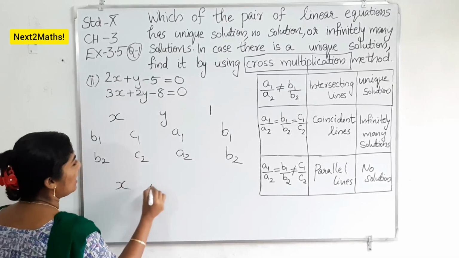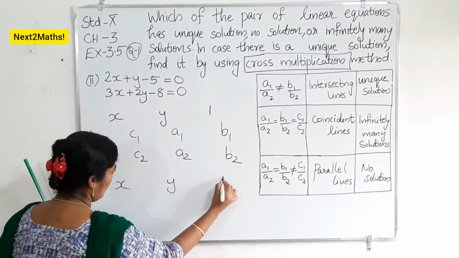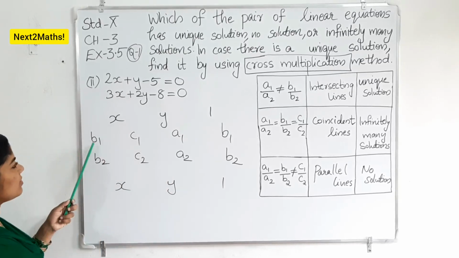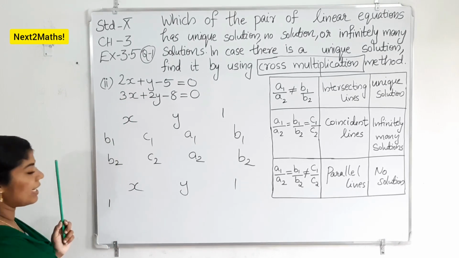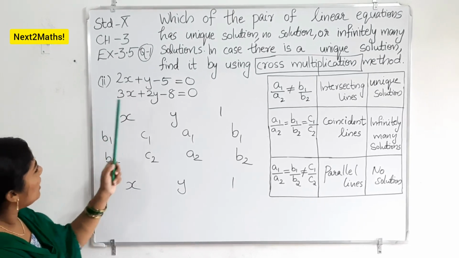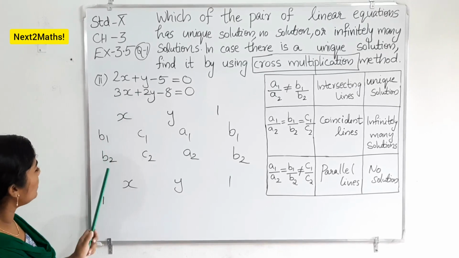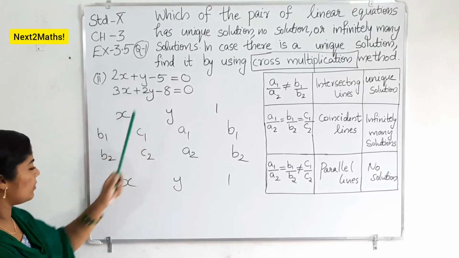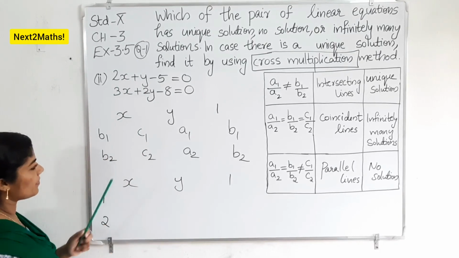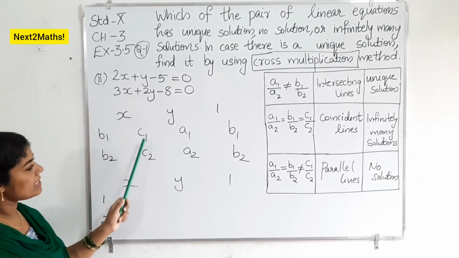Okay, so again write x, y, 1 here. What is b1? a1, b1. So in the place of b1 you can write 1. And what is b2? a2, b2. So b2 is 2. Then next we are writing c1 and c2.